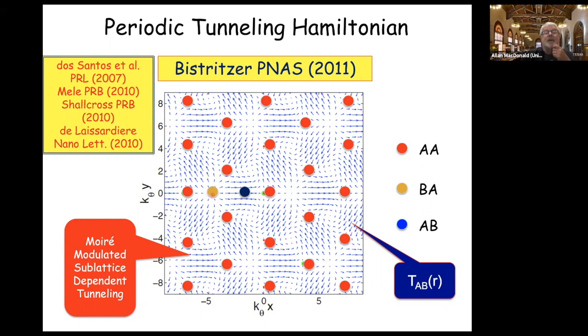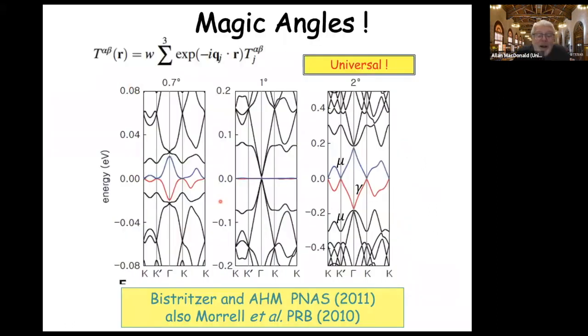When you have local AB stacking, for example, all of these tunneling amplitudes reduce to the known values at those high symmetry stacking points, and more or less just interpolate smoothly between them. And so in this way, you can get a simple one-parameter model for the electronic structure, essentially a zero-parameter model if you specify the twist angle. And this is that model.